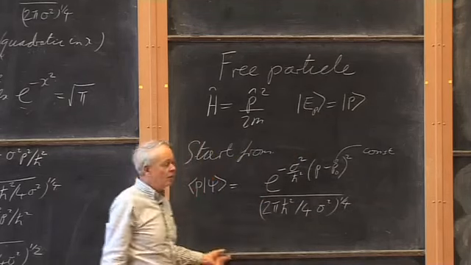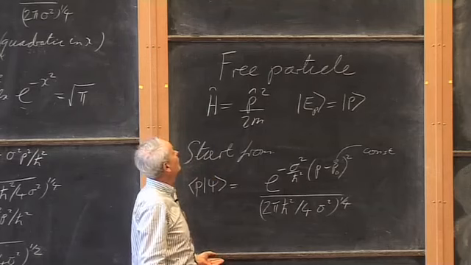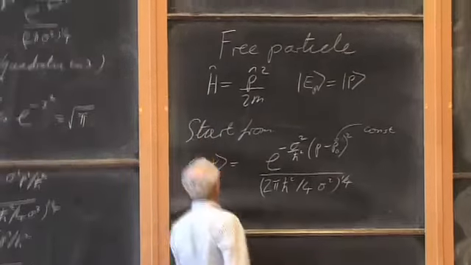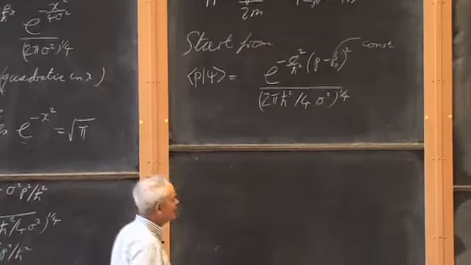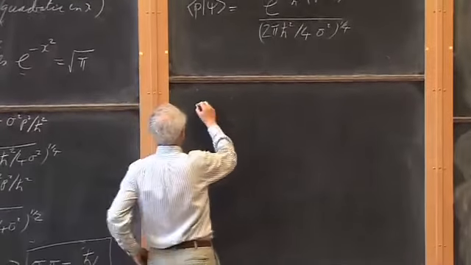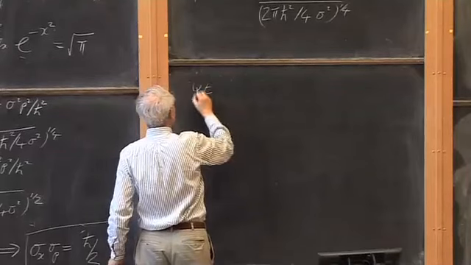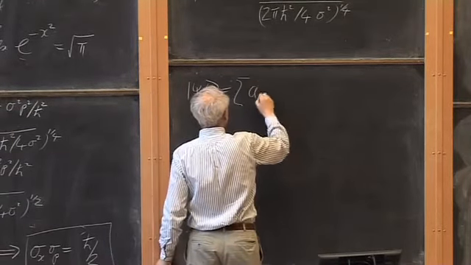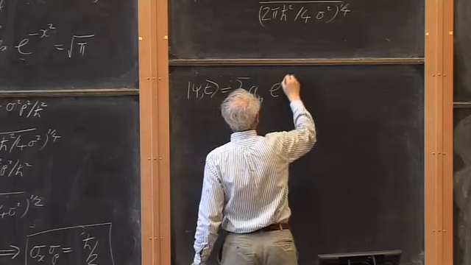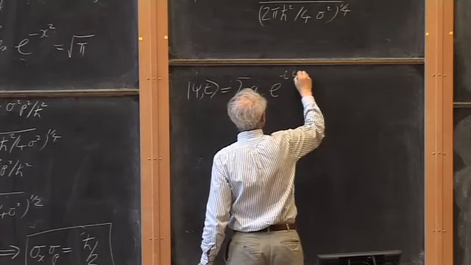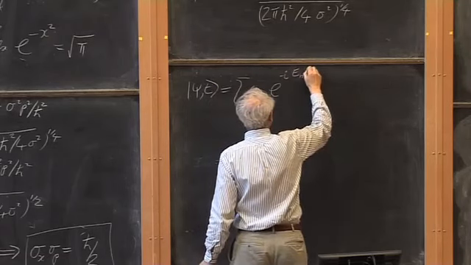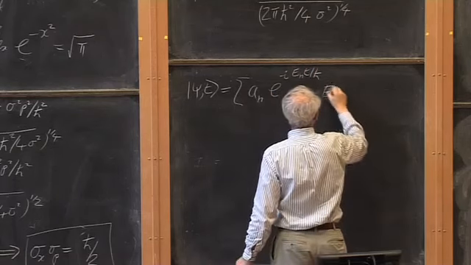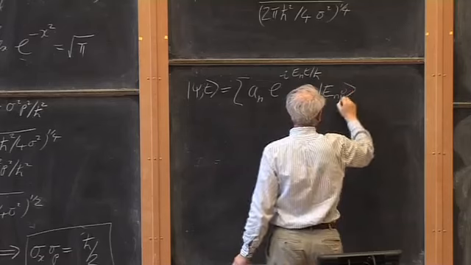Now we know how to evolve states in time. So remember our basic equation, which is that psi at time t is equal to the sum of a_n e to the minus i E_n t over h bar times E_n at 0.